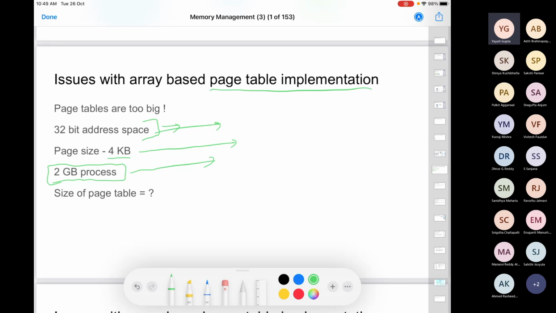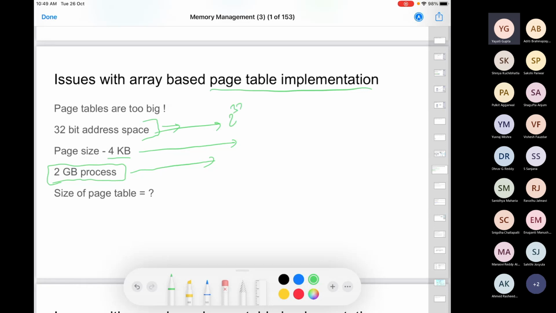Can you compute the size of the page table? How big will it be? Or just approximate it. If not, tell me the exact size. You can assume the memory to be byte addressable.